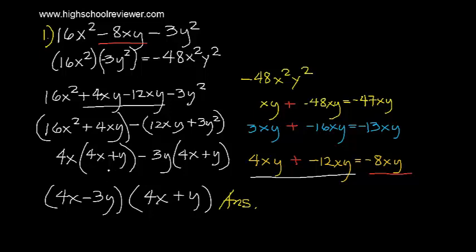As you can see here, we have the same terms in one quantity. We can combine this as 1. And we can also combine 4x minus 3y. That's why we have here the quantity of 4x minus 3y, multiplied by the quantity of 4x plus y. And this is our final answer.